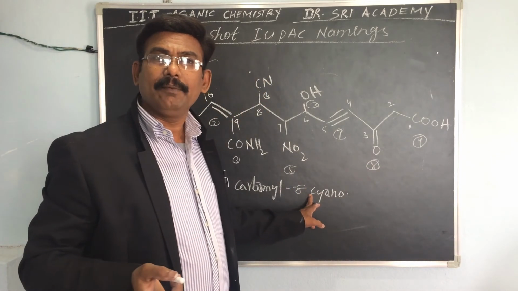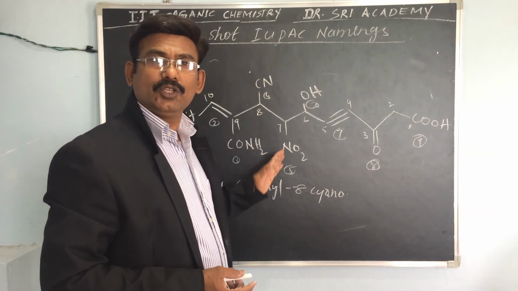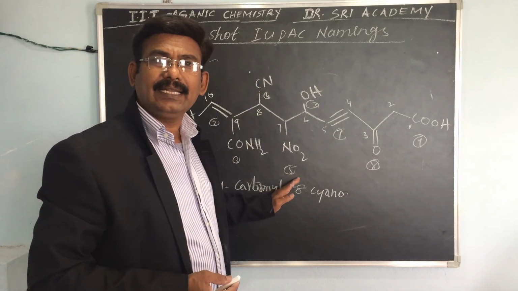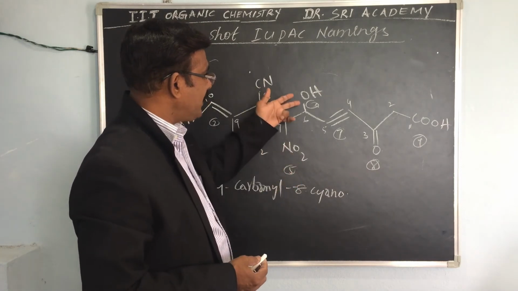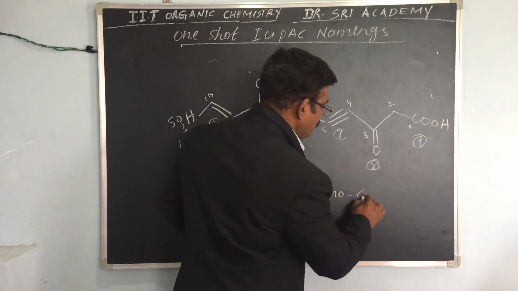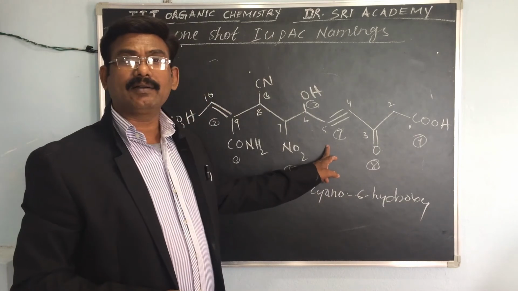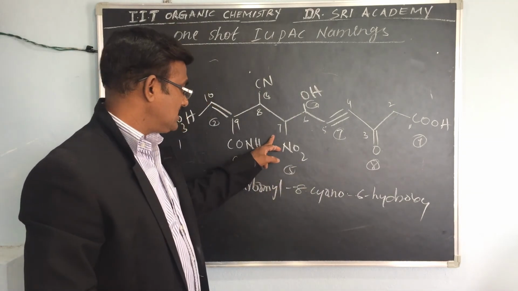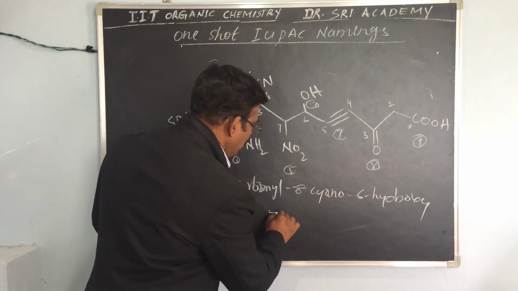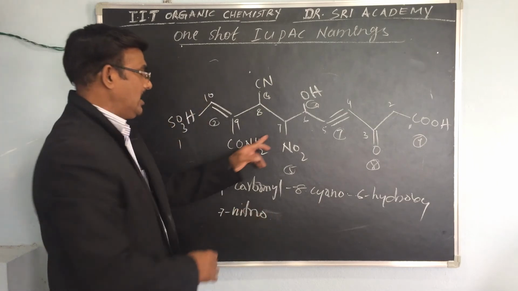It is also C, but carbamyl is the first priority, nitrile is the second. So 9-carbamyl, 8-cyano, then hydroxy, 6-hydroxy. Then the nitro compound is there, 7-nitro.